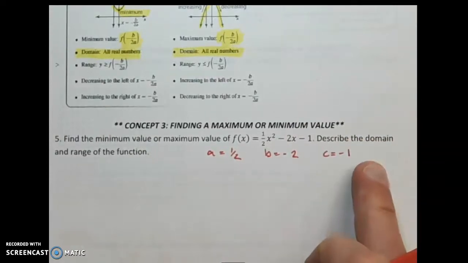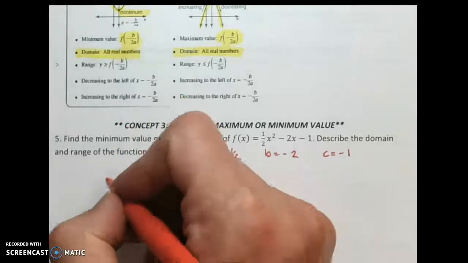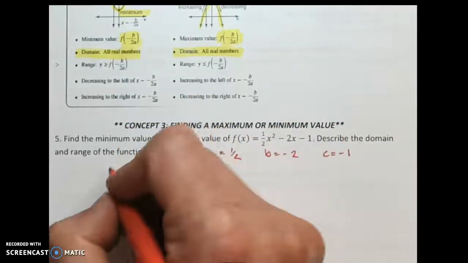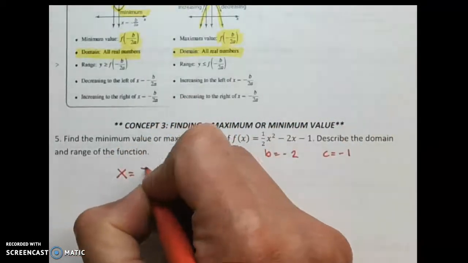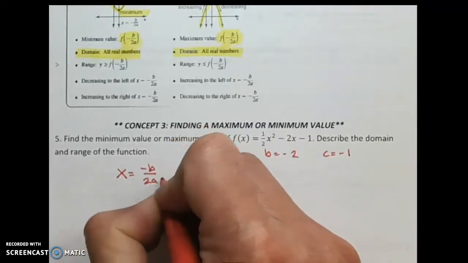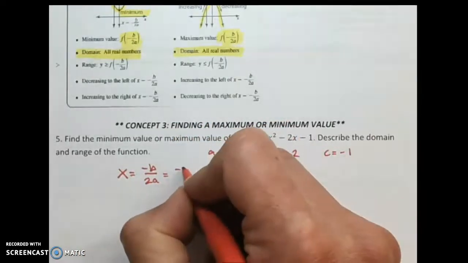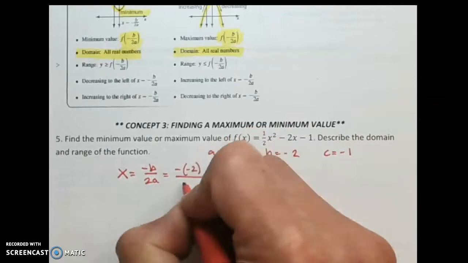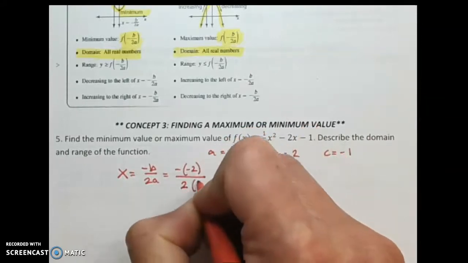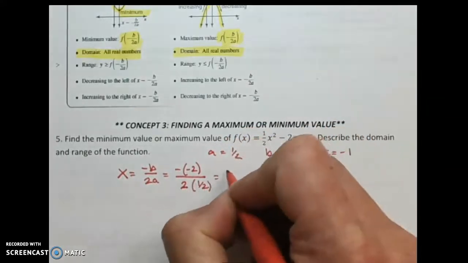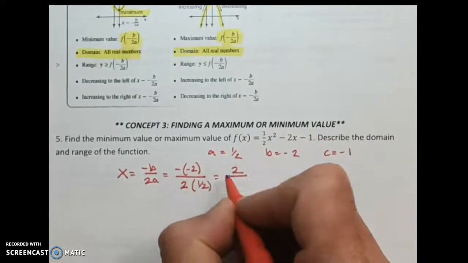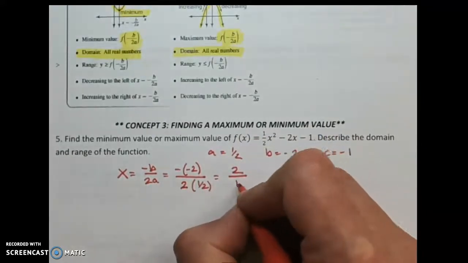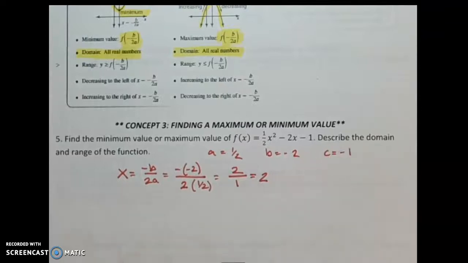And I really don't need c, because what I'm doing is finding my axis of symmetry, or x equals negative b over 2 times a. So in this case, it's the opposite of negative 2 over 2 times 1/2. So opposite of negative 2 is 2. 2 times 1/2 is 1, so I get 2.